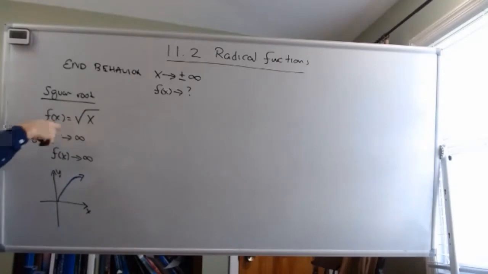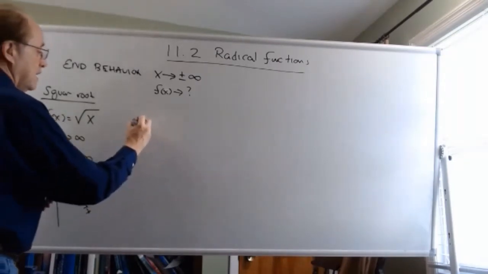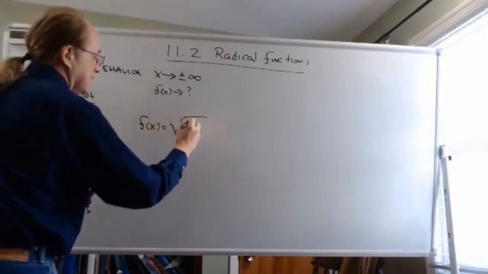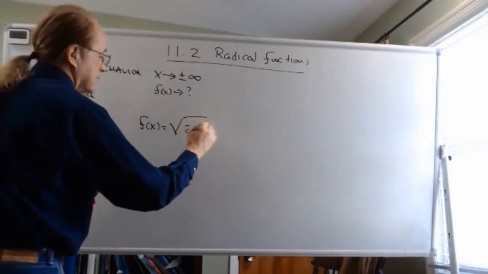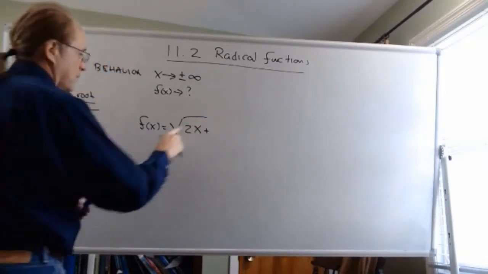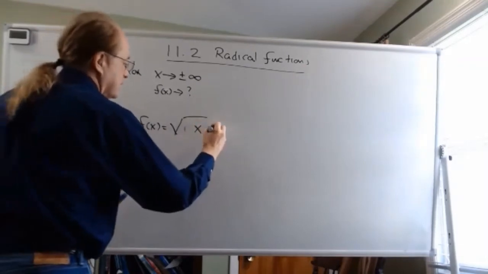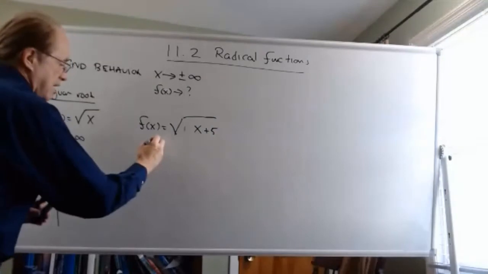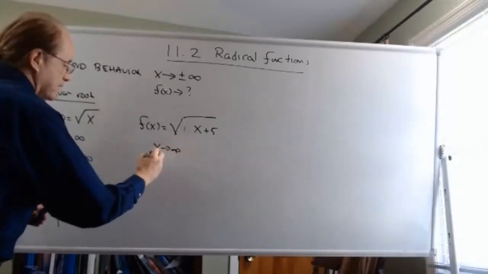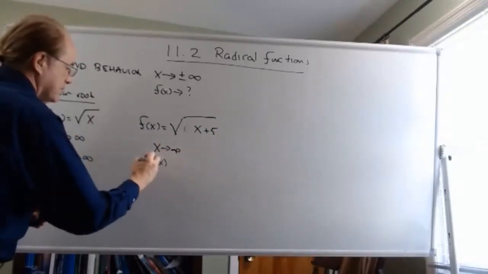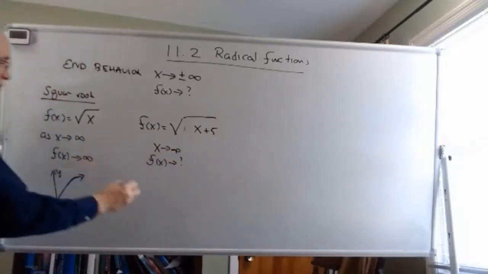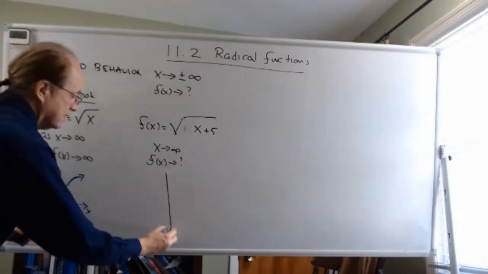Now, what happens if I change this function? This is a standard one. What if I change this and now consider f of x equal to the square root of, say, 2x, or x plus 5? So what would that look like? Well, again, as x goes to infinity, we want to find out what happens to f of x. If you look at the graph, it looks like this.